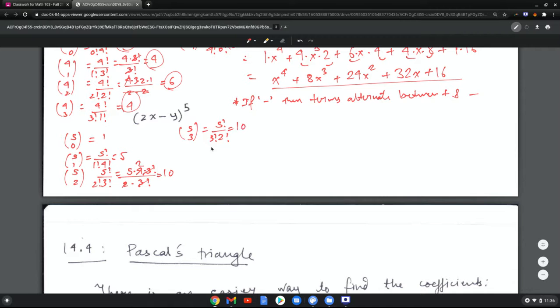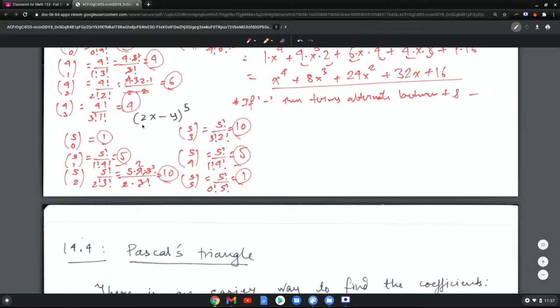That's the same as the one I found just now. 5 choose 4 is 5 factorial over 1 factorial, 4 factorial, which is 5, and 5 choose 5 is 5 factorial over 0 factorial, 5 factorial, which is 1. So I know these numbers are 1, 5, 10, 10, 5, 1.